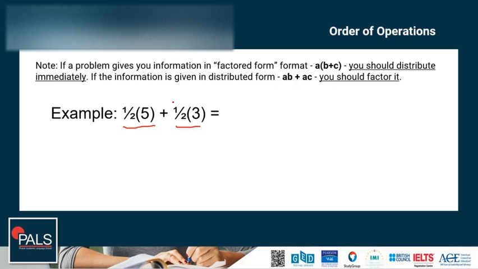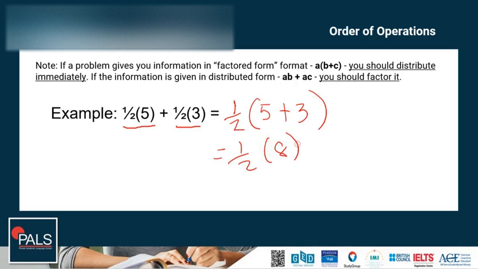If we change it to factored format, we have 1/2, because that's a common factor, times 5 plus 3. And 5 plus 3 is 8. So 1/2 times 8. Now, as you can see, it's easy to find half of 8, because half of 8 has an exact answer. The answer is 4.